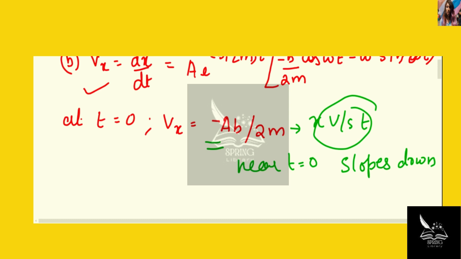Now let's move on to the C part. In the C part, we have a_x, that is dv_x upon dt. Okay, now let's see how that proceeds.